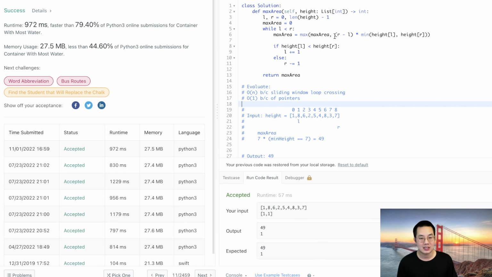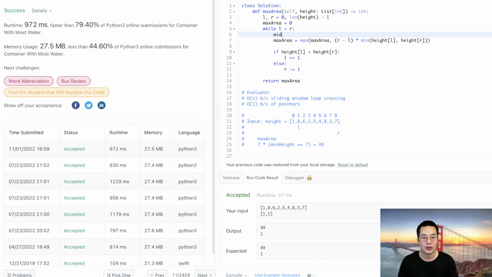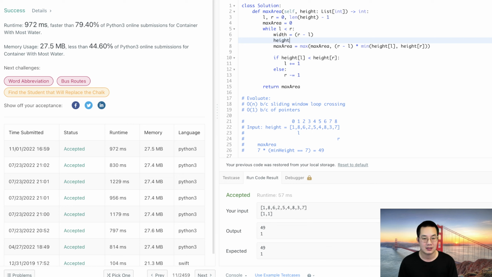And let's make this easier to read. So what is right minus left? So the width and the height. And so we can just take the width times the height.